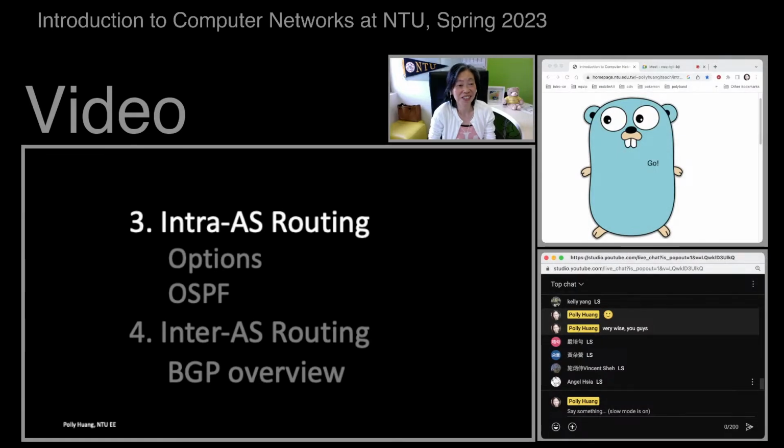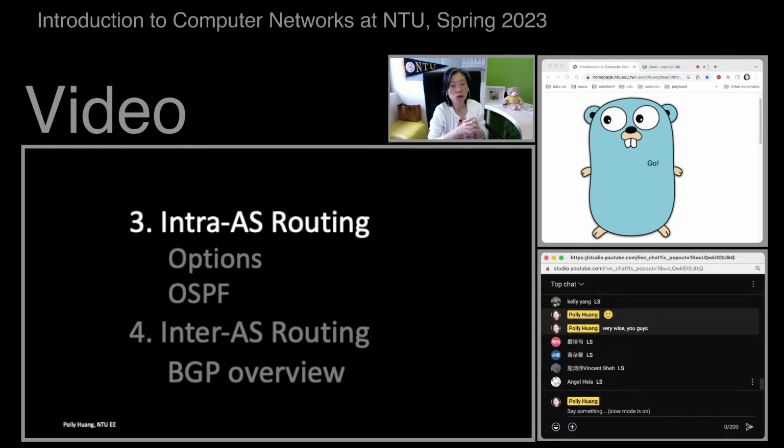Yeah, so you see, inter-AS routers not only exchange AS paths to find the shortest AS path to the destination networks. These inter-AS routers in a domain will also send this AS path information to the internal routers that are only running the intra-AS routing. Okay, so that's exactly how this interplay between intra and inter-AS routing is done.